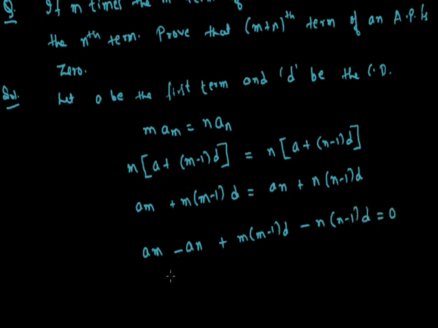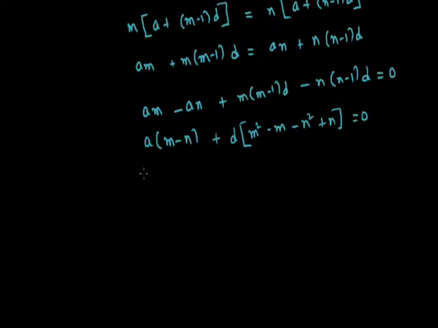Now from the first two terms, am minus an, a is common, so we can write a multiplied by m minus n, and here d is common, so we can write m square minus m minus n square plus n equal to 0.